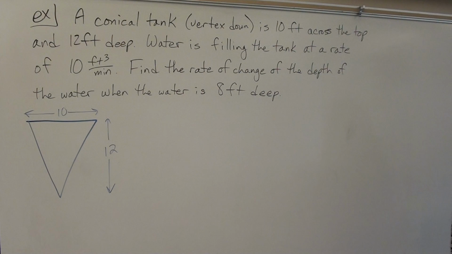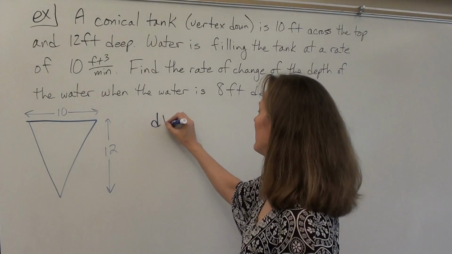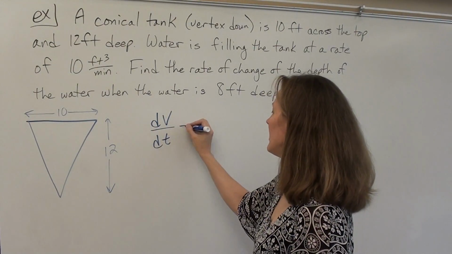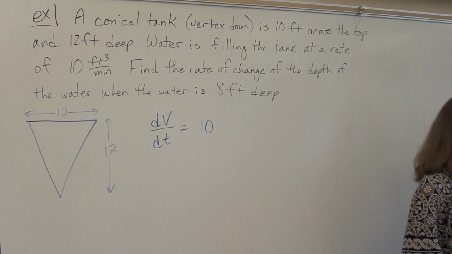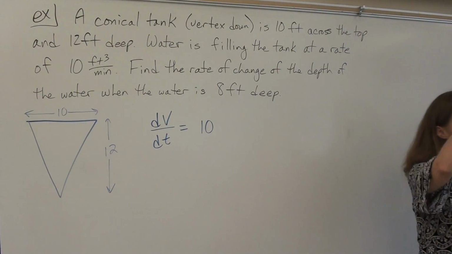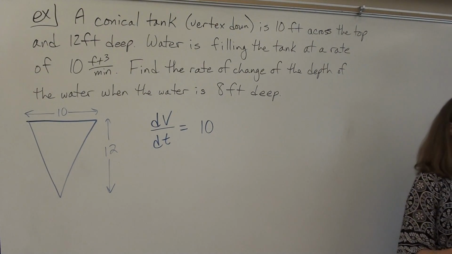What does that 10 cubic feet per minute represent? Derivative of the volume. So how would we write that? dV/dt. So we know dV/dt equals, is it positive 10 or negative 10? Positive. The amount of water is getting bigger, not smaller, right? It's going into the tank, not coming out. Unless they forgot to plug the drain.